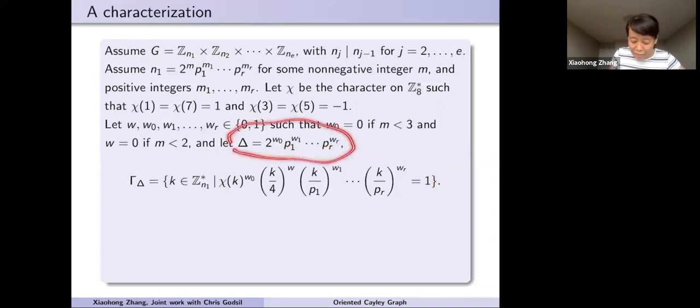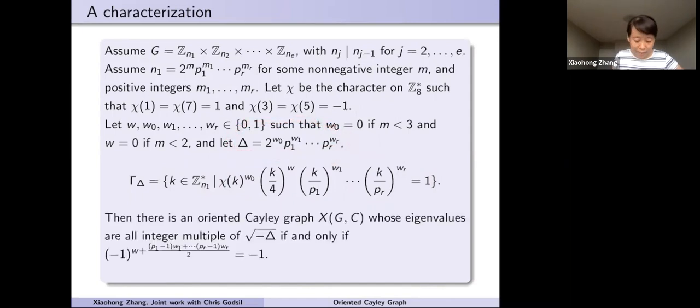Not all such deltas are achievable. To make sure we get an oriented Cayley graph, delta must be negative, and we need this sum to be all the integers. This condition is equivalent to requiring that the number -1 is not in this subgroup. So if A is in the set, -A will be out, and we have an oriented graph.